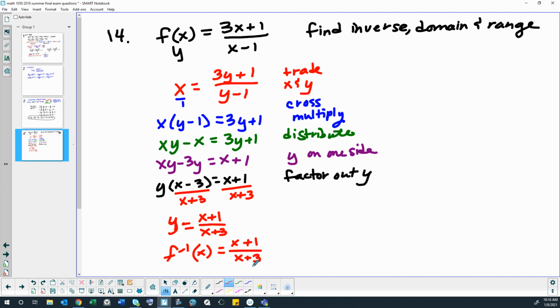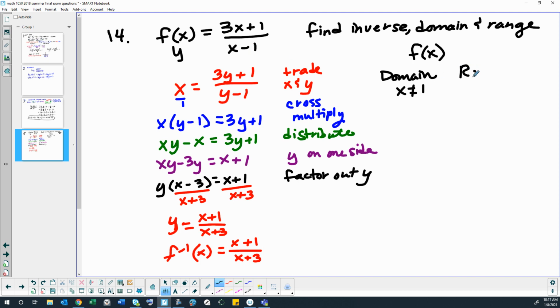Okay, now let's talk about the domains and ranges of these functions. So here's our function f of x. The domain, as you can see, is that x cannot equal 1, because if we plug in a 1, we would get 0. We can't divide by 0.